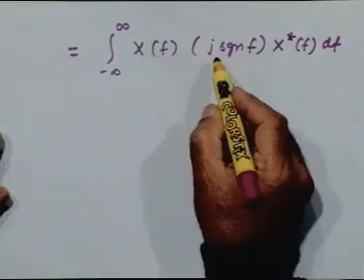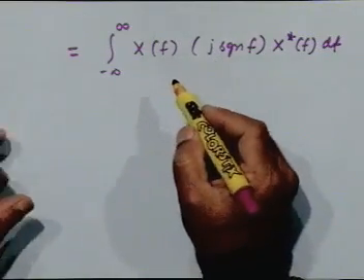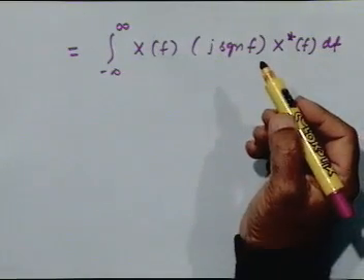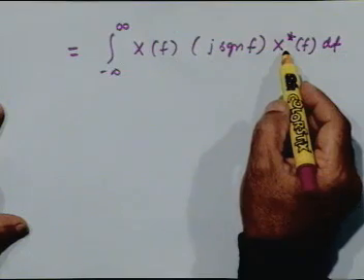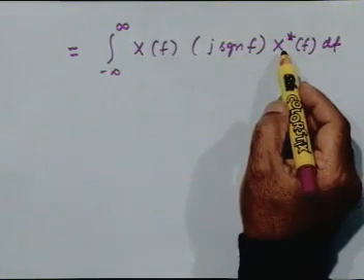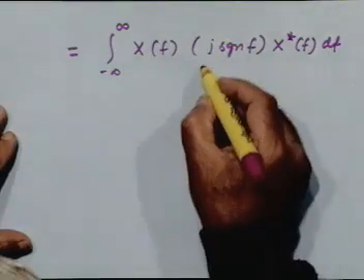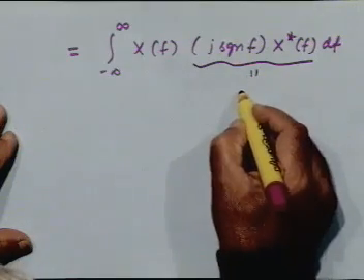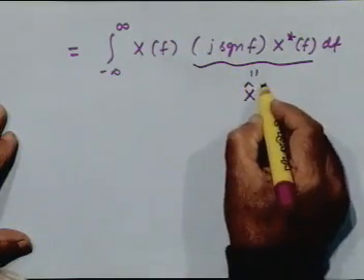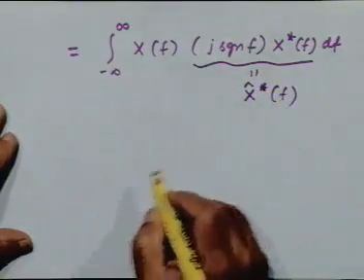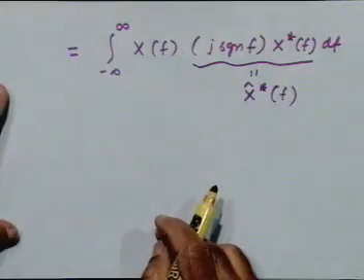Minus j signum f becomes plus j signum f because of the conjugation operation, right? And X(f) becomes X conjugate(f) because of the conjugate operation. I have substituted for this, right?